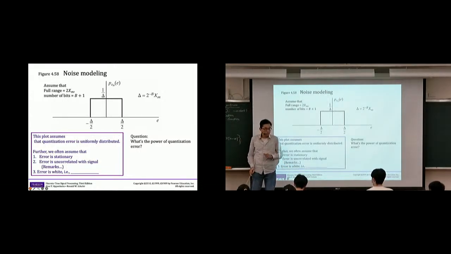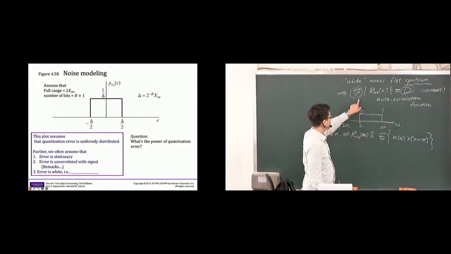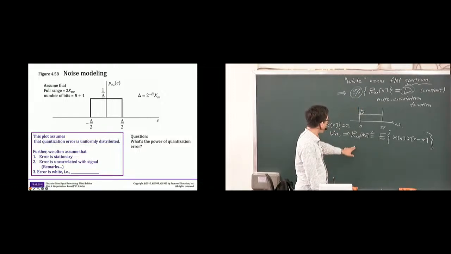Okay, because everything here is statistical. Everything here is random, right? Okay, so now finally, the final step is simple. So then we ask the question, what kind of autocorrelation function will have a constant DTFT? Then we can ask this rather simple question.